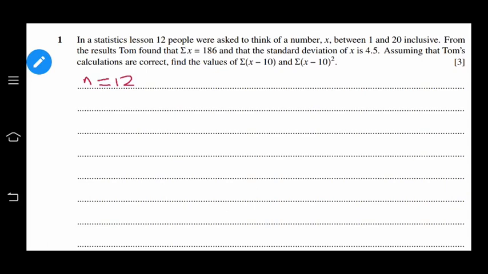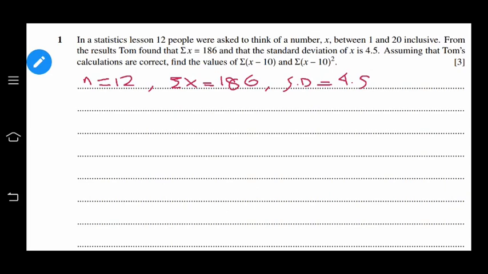From the results, Tom found that sigma x is 186 and the standard deviation is 4.5. Find the values of sigma (x minus 10) and sigma (x minus 10) the whole square.